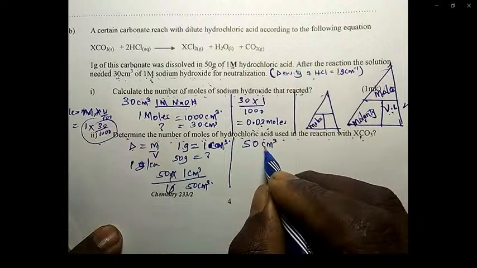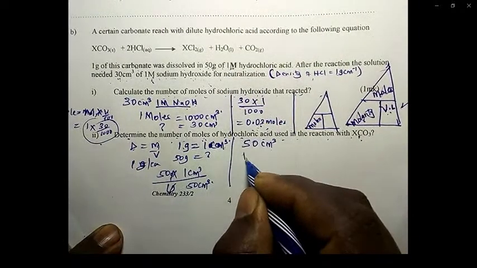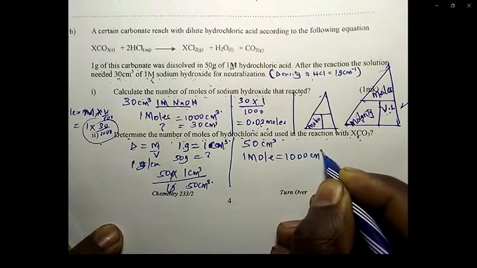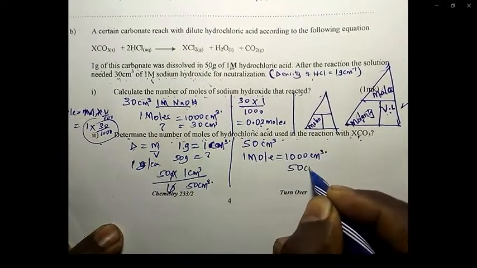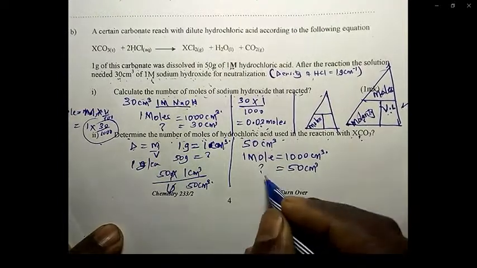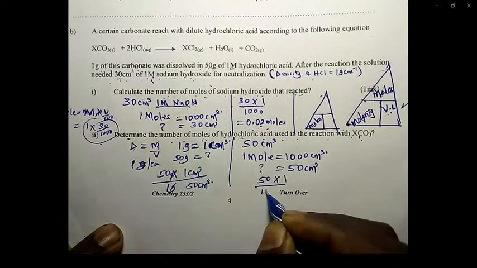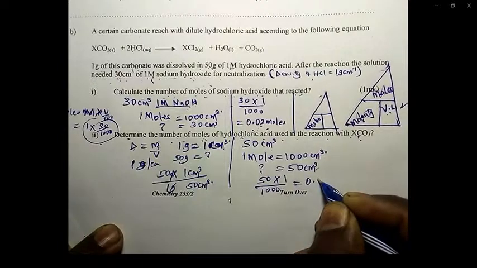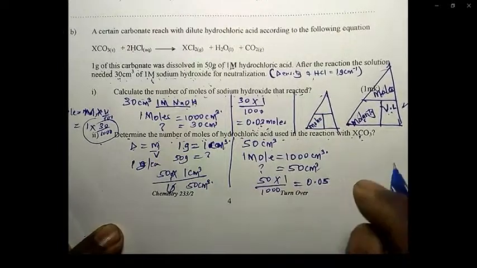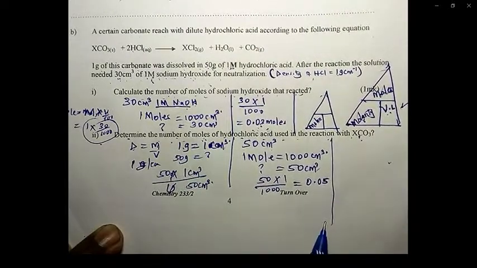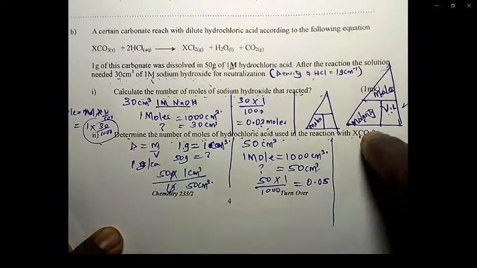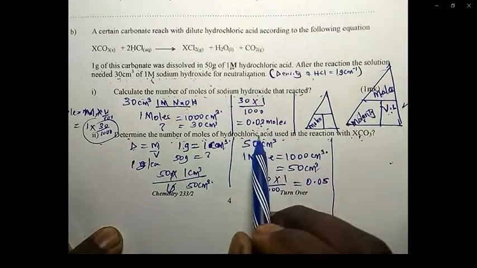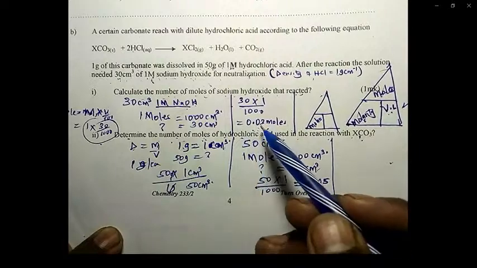We know the molarity of the acid is 1, therefore it means that 1 mole is the number of moles in 1,000 centimeters cube. What about 50 centimeters cube of HCl that was used? 50 times 1 divided by 1,000. This one is going to give us 0.05. Remember, this is the number of moles of the original HCl. Now we want to know the number of moles that reacted with the carbonate. Remember, the remaining HCl that was in excess has number of moles 0.03.